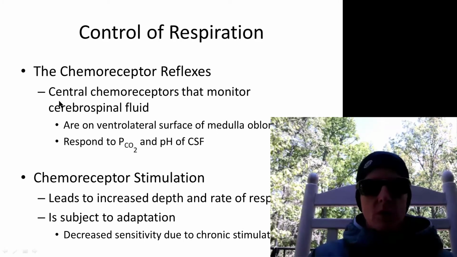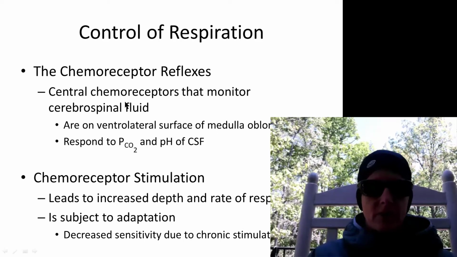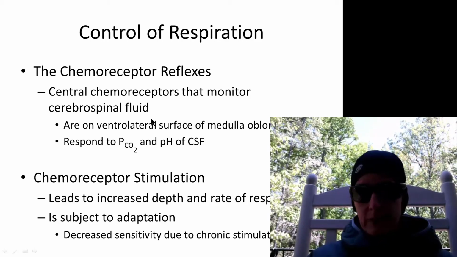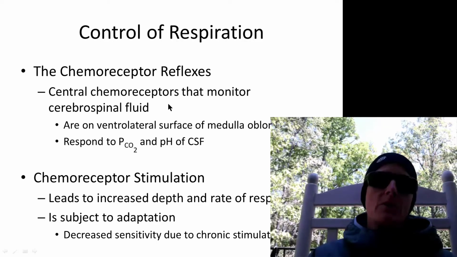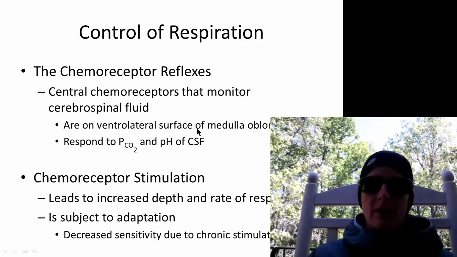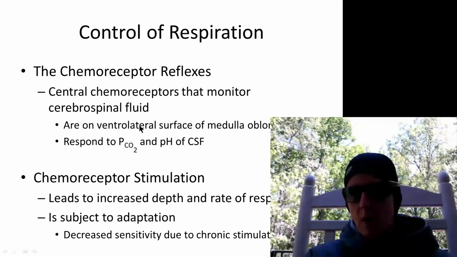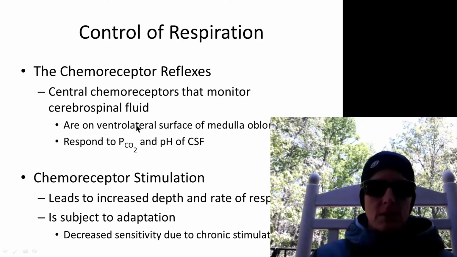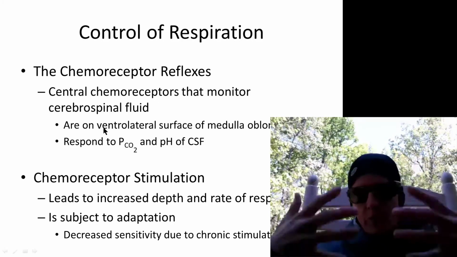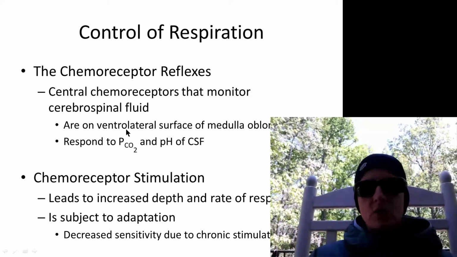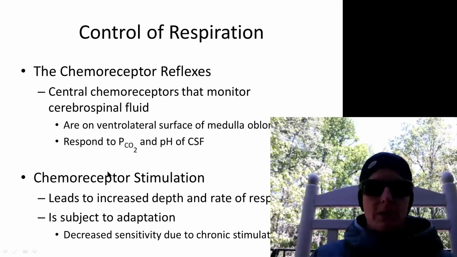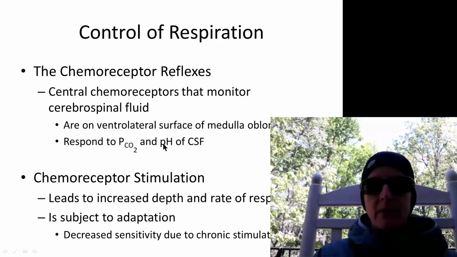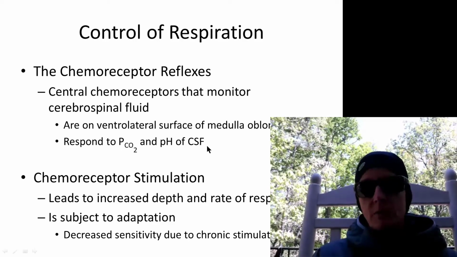All right, so when we talk about the chemoreceptor reflexes, these are going to be monitoring cerebrospinal fluid and blood. The ones that monitor the cerebrospinal fluid are in the medulla oblongata, right along the cerebral aqueduct and the fourth ventricle there, on the ventrolateral surfaces of the medulla oblongata, and these are going to respond to the partial pressure of carbon dioxide and pH in the cerebrospinal fluid.